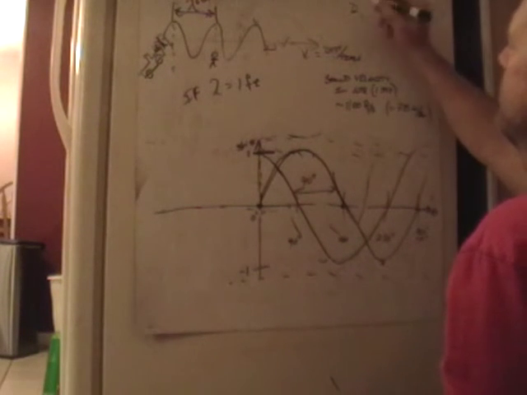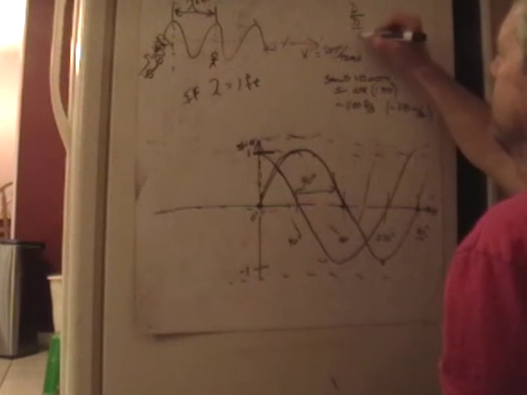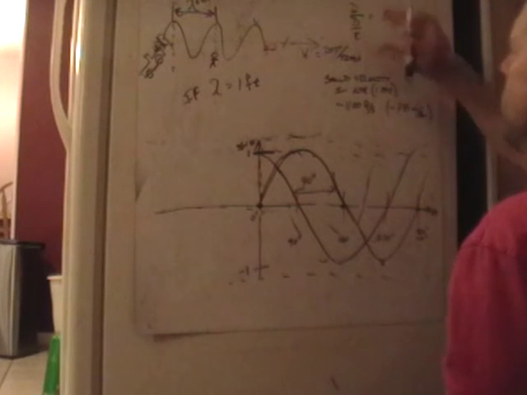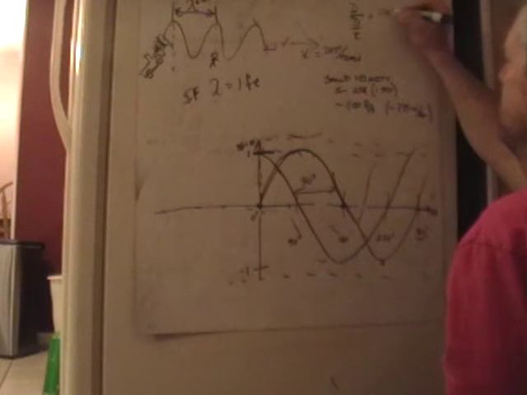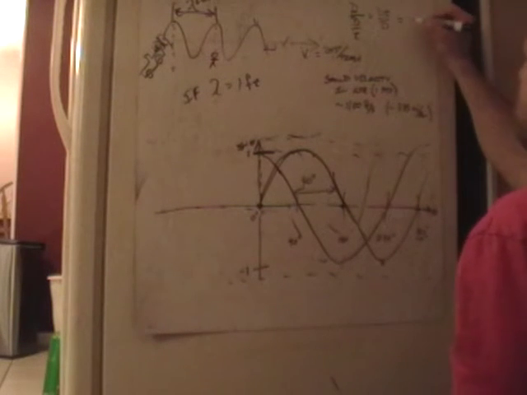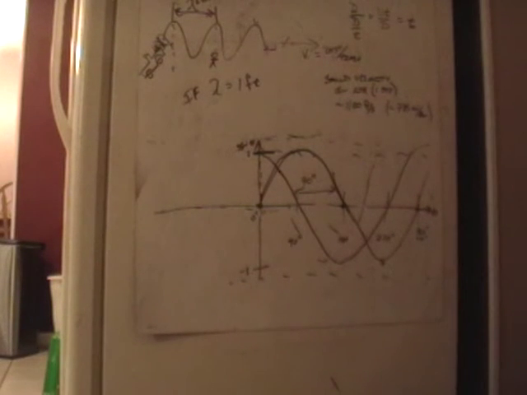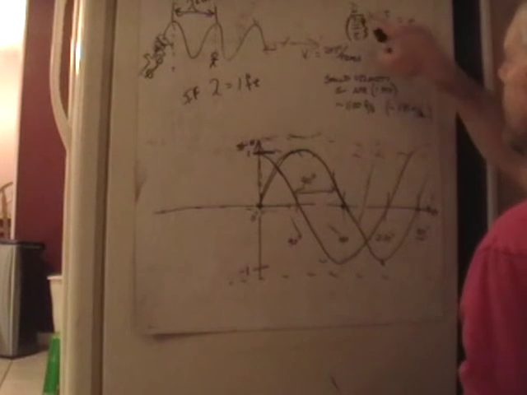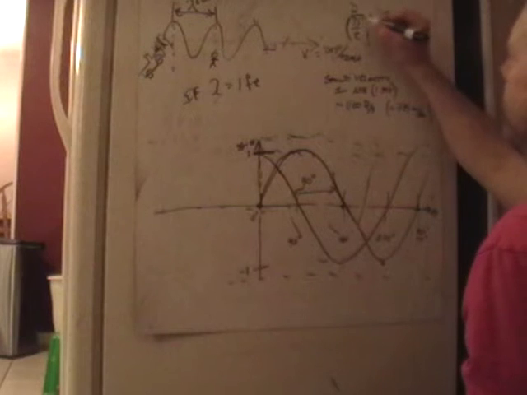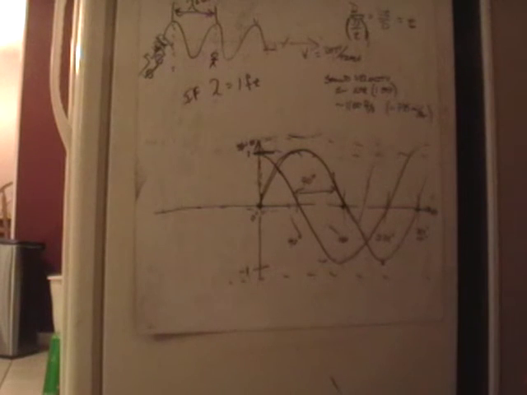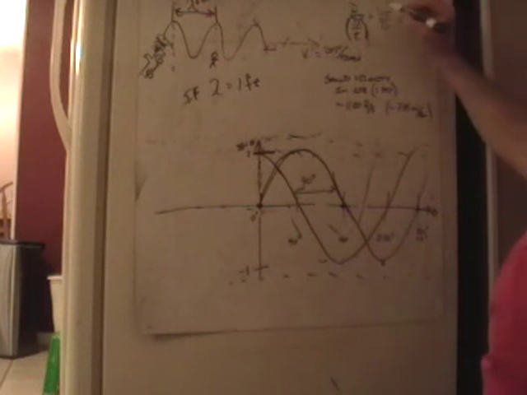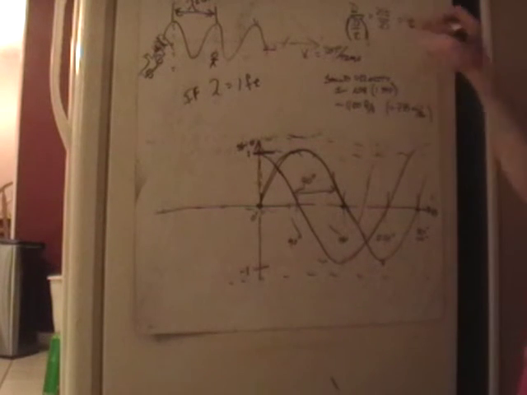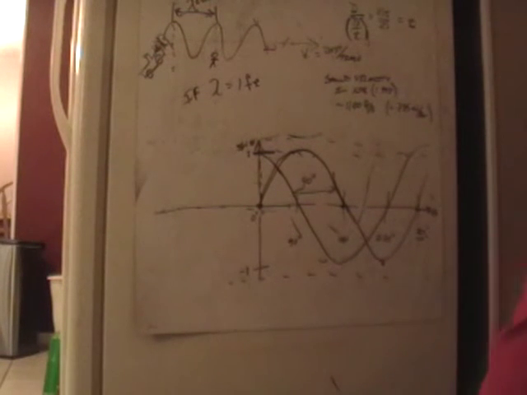D divided by D over T is equal to D times T over D, which is equal to T. That's the math. The D's cancel out. I'm left with T.